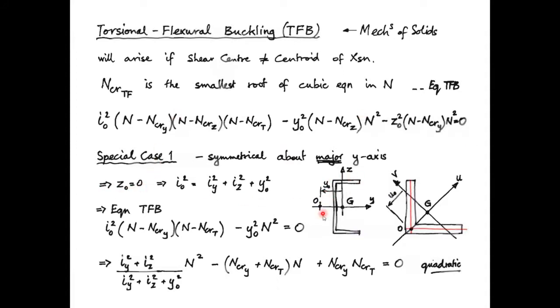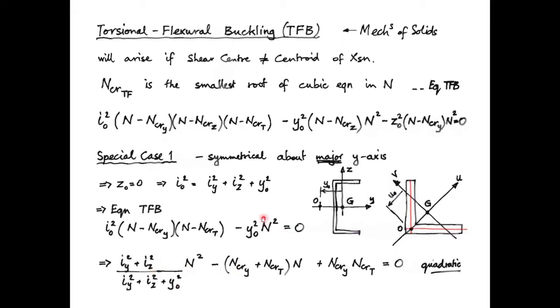So in this example here, where we have symmetrical about the major axis, like in a parallel flange channel, we can get z naught equals naught. That's i naught is equal to these guys here, radius of gyration, and the torsional flexural buckling equation simplifies into i naught squared times N, which is the axial load, minus NCR-Y, critical buckling about the y-axis, times N minus NCR-T, torsional critical buckling, minus y naught squared, N squared equals naught.